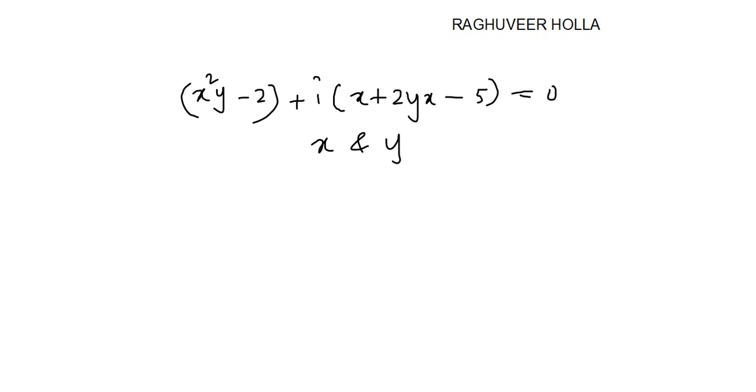So let us equate this to x square plus x square y minus 2 plus i into x plus 2y x minus 5 is equated to 0i.